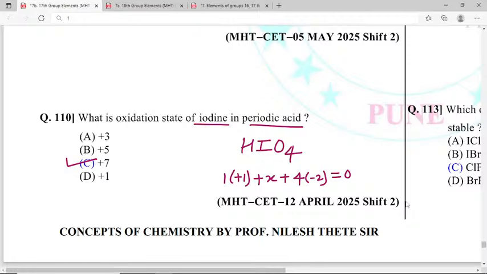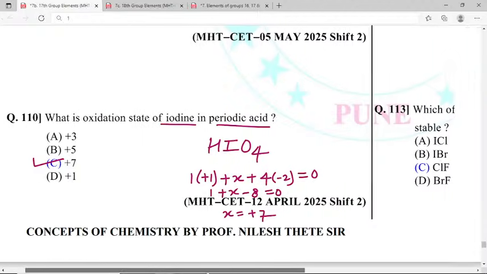The molecule is neutral, so 1 plus X minus 8 equals 0. So X is 8 minus 1, which is +7. Periodic acid has oxidation state +7.